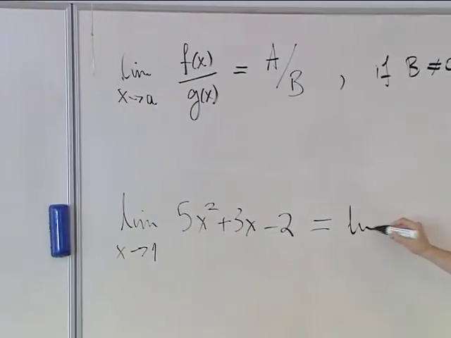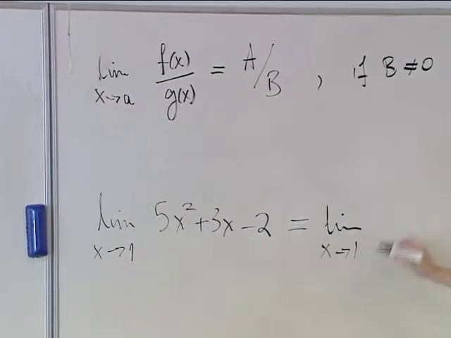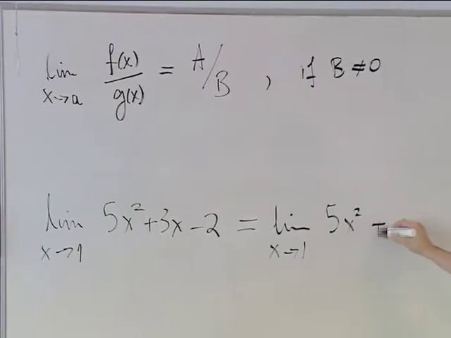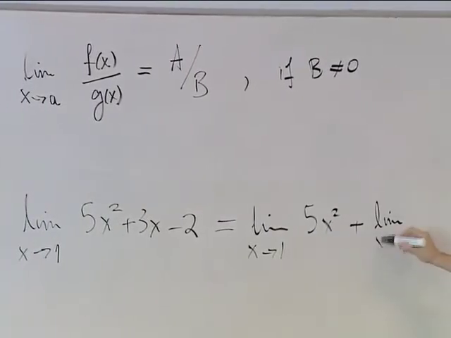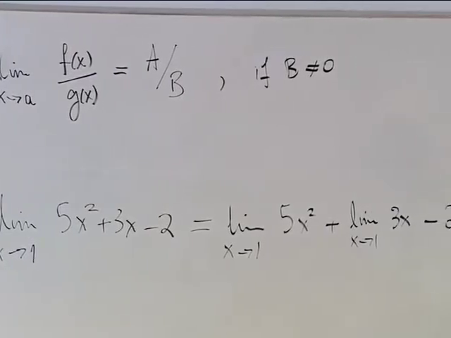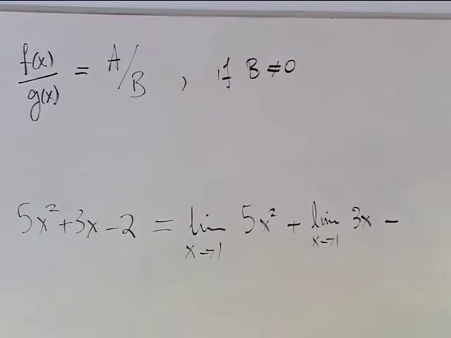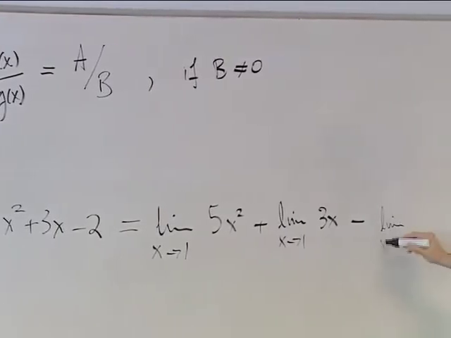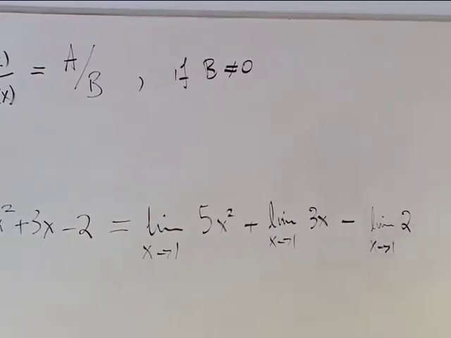So this is the limit when x goes to 1 of 5x squared plus the limit when x goes to 1 of 3x minus the limit when x goes to 1 of 2.